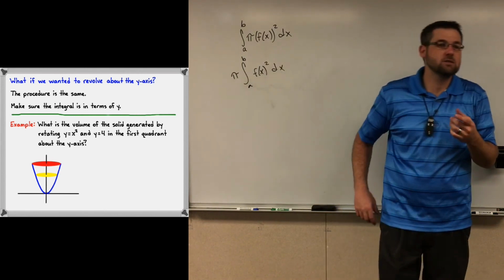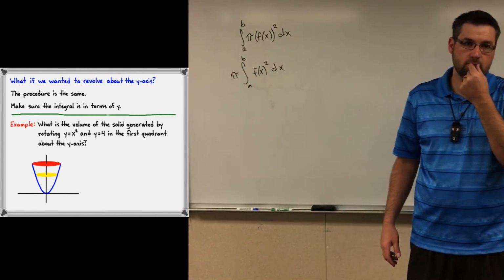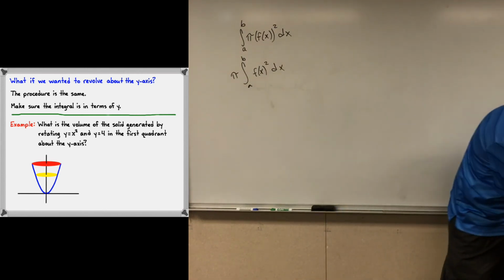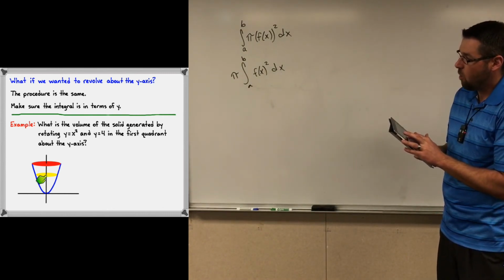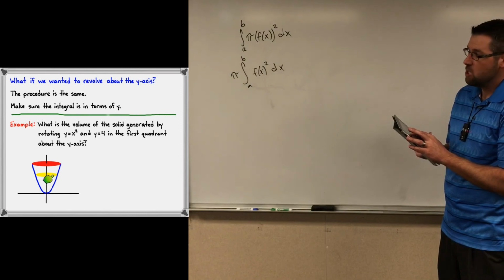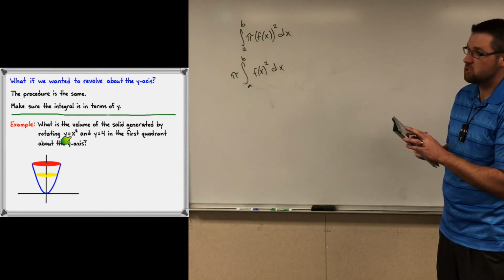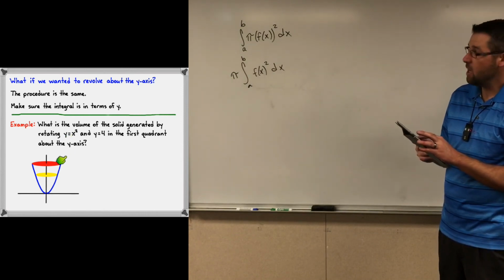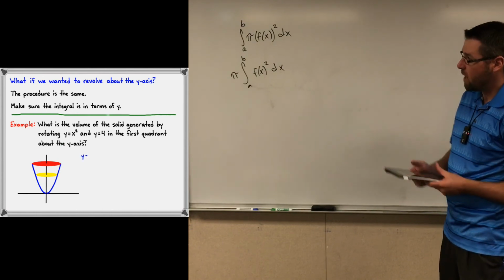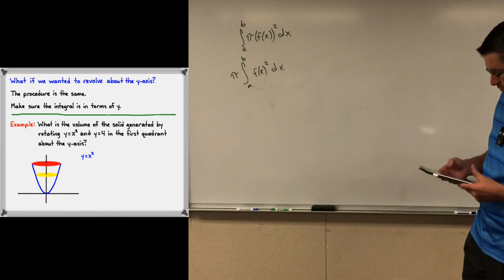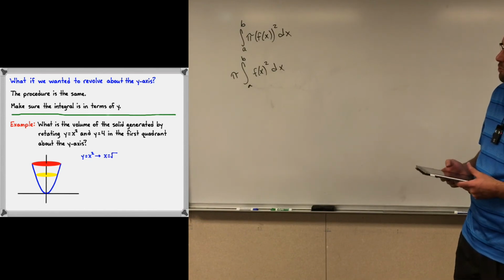Now, what represents the radius? The radius is represented by the distance from the y-axis to there. That's why we have to get the function in terms of y, and whatever that is will indicate what our radius is. So x equals what? X equals rad y.